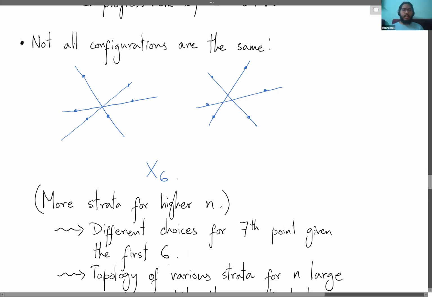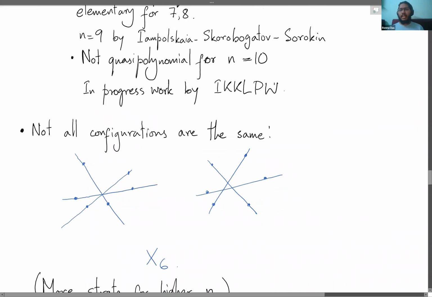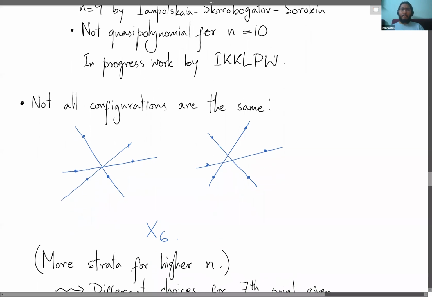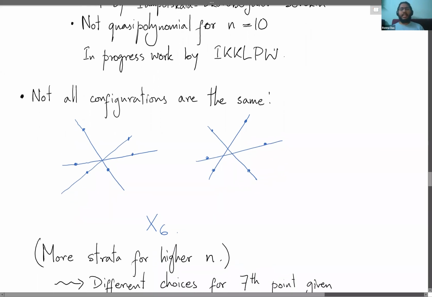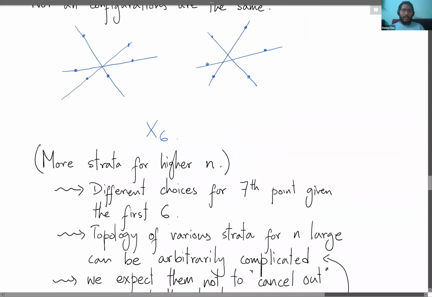There's no proof, but it would be very surprising if those cancelled out exactly and Xn was always something nice and describable. And maybe evidence that it doesn't always cancel out is this not quasi-polynomial result for n equals 10, which shows that it's already complicated for n equals 10. Okay.